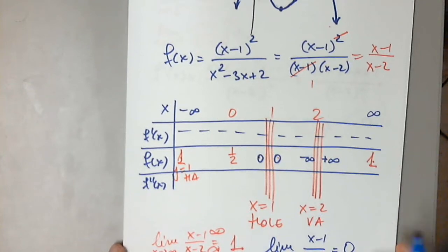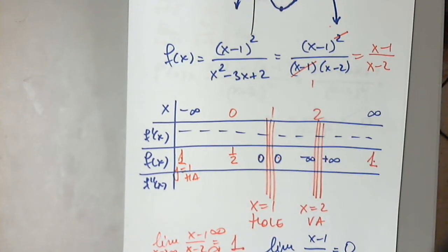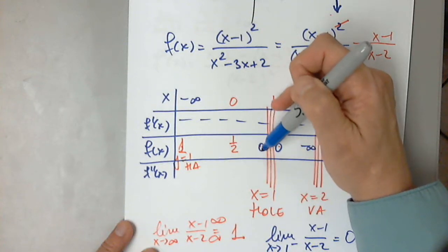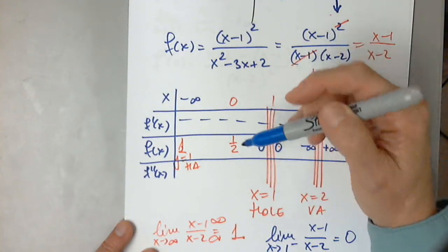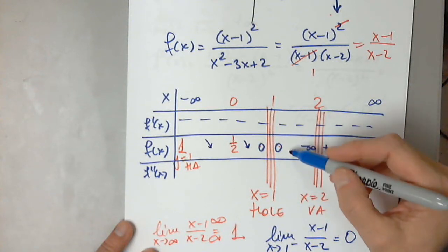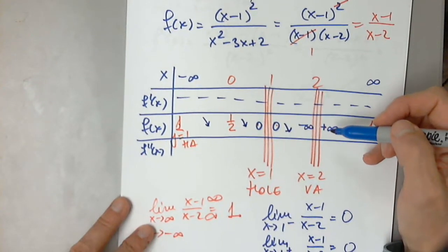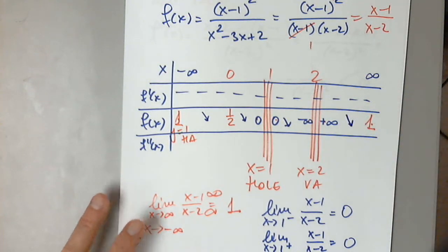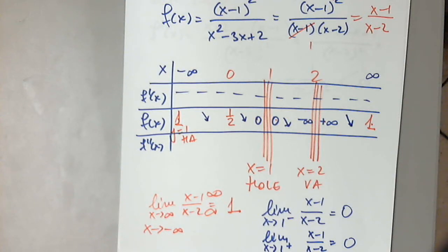Let's see if we have an error anywhere, or I should say I have an error. From 1 to 1/2 to 0, is it decreasing? And from 0 to negative infinity, is it decreasing? And from infinity to 1, is it decreasing? So for the first two rows, I disregard the domain. The first two rows for f prime and f match perfectly.